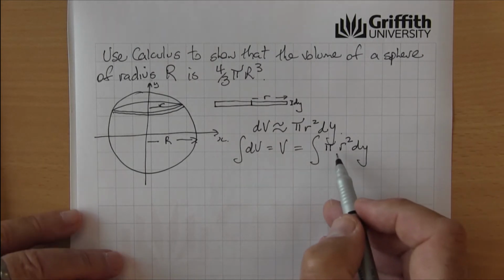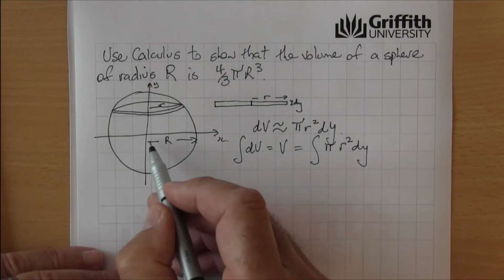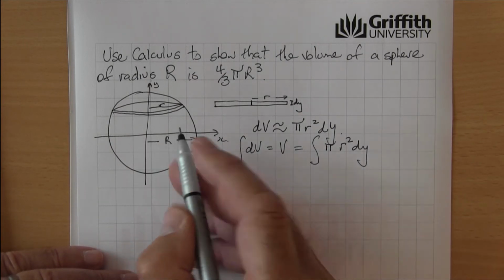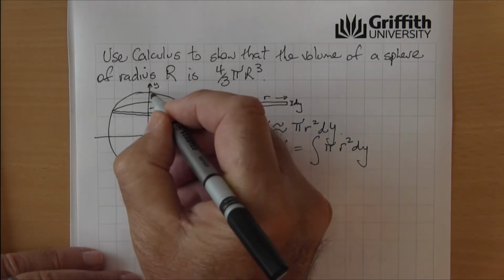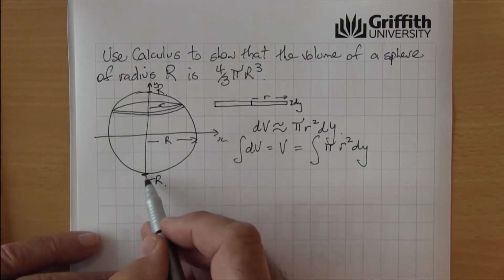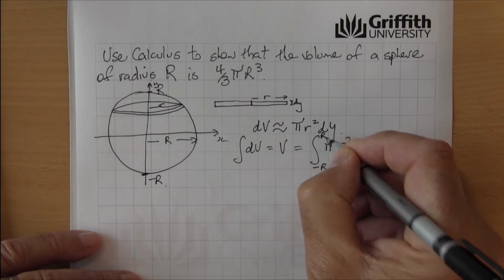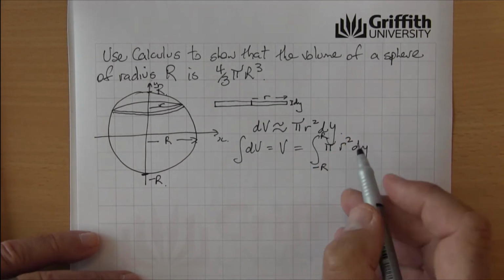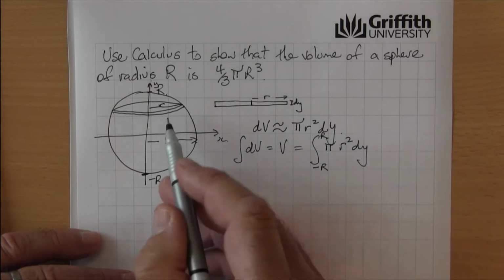Now, we've got to set some bounds here for this integral. If this sphere has a radius of R, then this will be minus R down here, and this will be plus R on the y-axis up there. So my bounds are going to be between minus R and plus R. We're going to integrate with respect to y, but r is going to change.